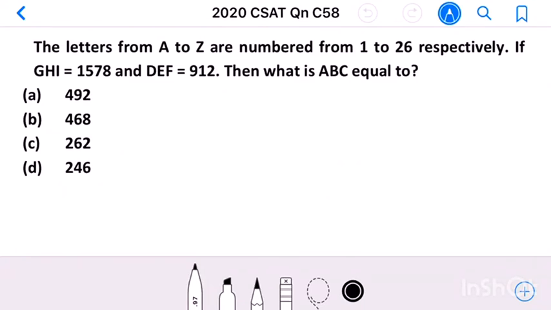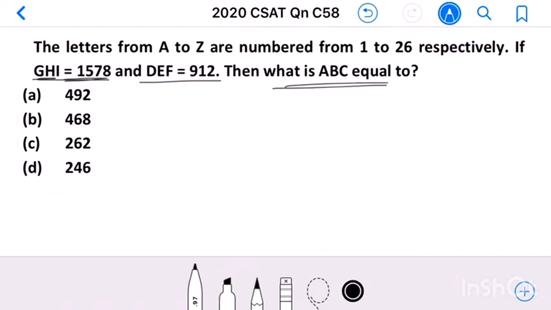Question number 58. The letters from A to Z are numbered from 1 to 26 respectively. If GHI equal to 1578, DEF equal to 912, then what is ABC equal to? So here first we have to find the relationship between these letters and their coded numbers. Then using the same relationship we have to find the code for ABC.